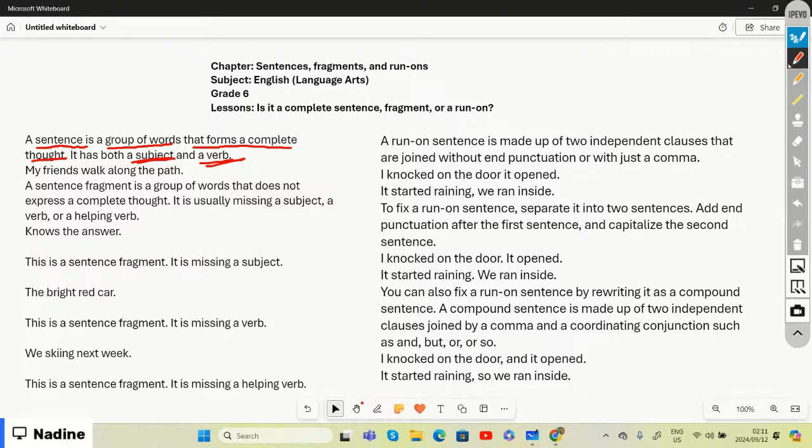The subject is the person or thing that is doing the action, and the verb is the action that is taking place. So we say, my friends walk along the path. My friends is the subject, or friends is the subject. Walk is our verb, or walk along the path is the verb.